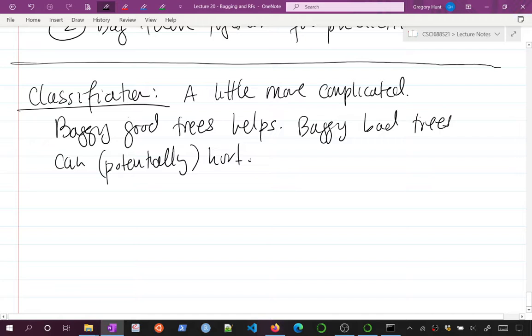In practice, you have to have a really bad base classifier or really bad classification trees bagged together to actually hurt. In practice, it almost never hurts. But for regression, kind of mathematically bagging together things can't hurt. But for classification, theoretically there are situations where it could end up hurting. If you had a really bad set of base methods, base trees that bag together a bunch of really bad classification trees, you could actually theoretically do worse. For regression, pretty much you can't hurt yourself by bagging.